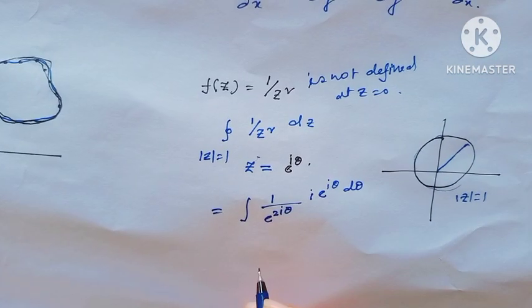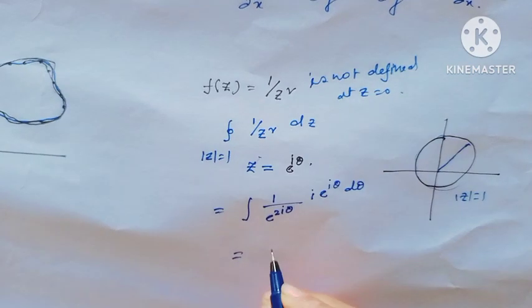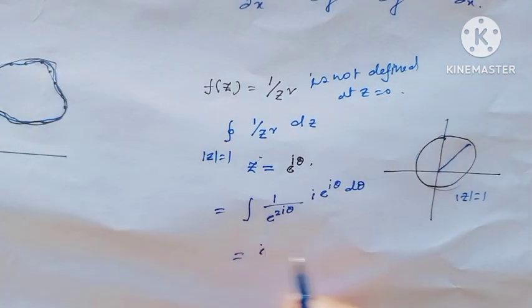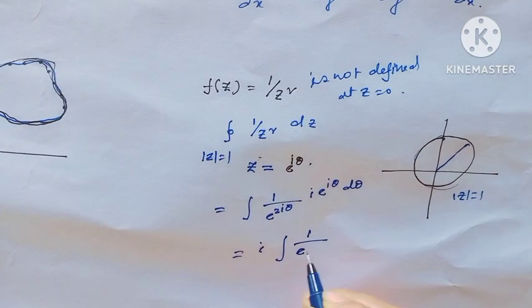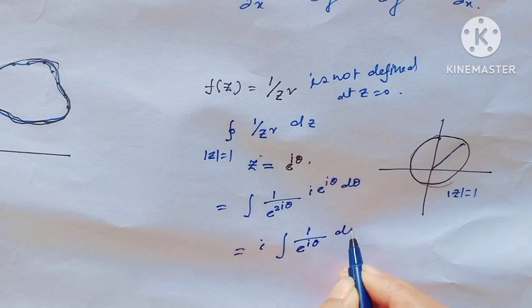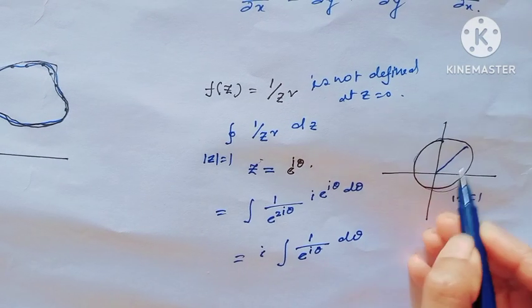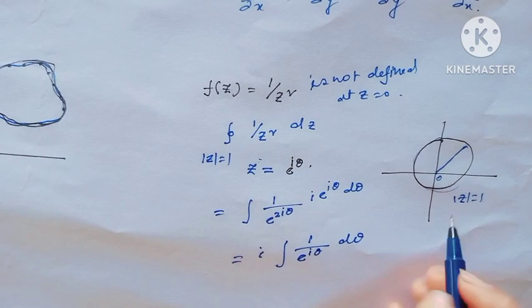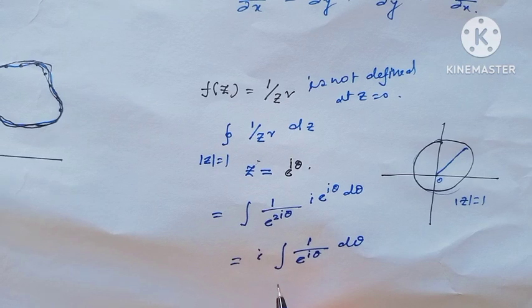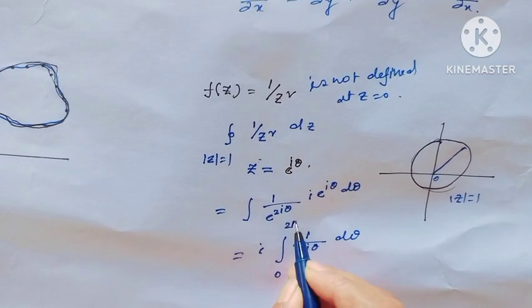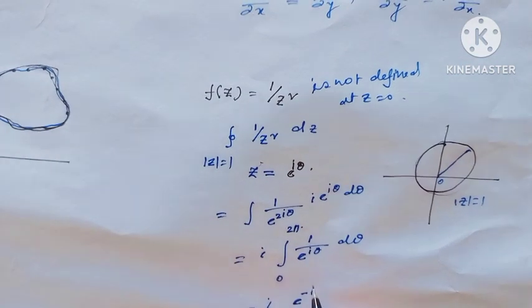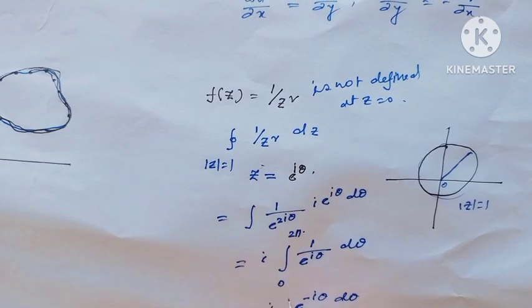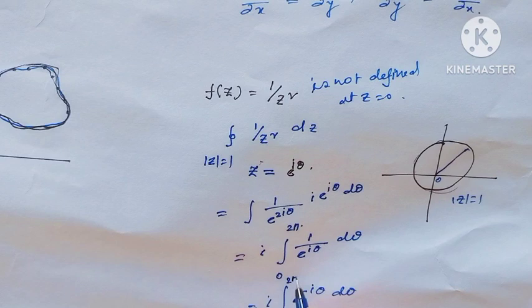That means this value would be i times the integration of e to the power minus i theta d theta. Obviously, in this closed curve theta varies from 0 to 2 pi. So this value would be i e to the power minus i theta d theta, integrated from 0 to 2 pi.